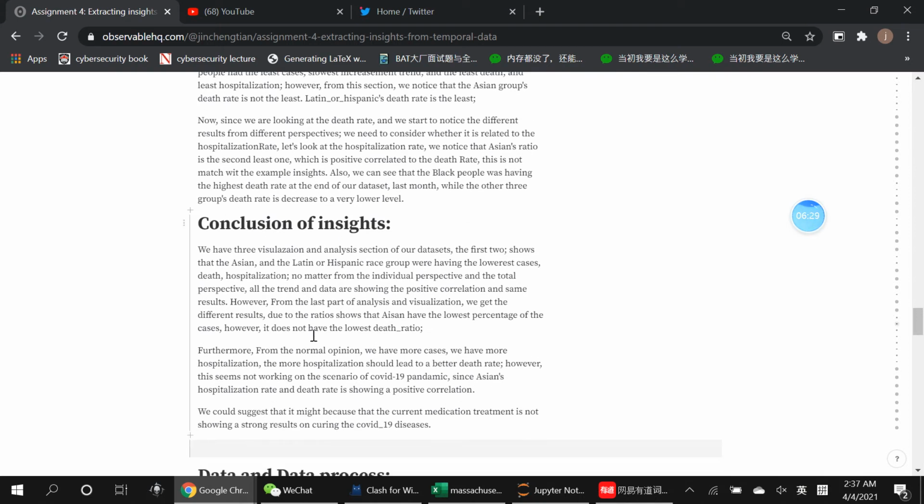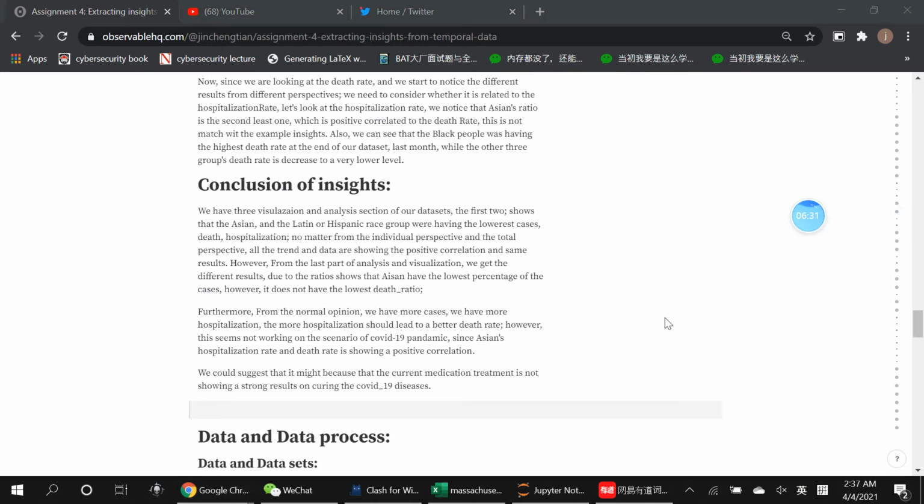So we conclude that from the normal opinion, we would say that the higher the hospitalization rate is, the lower the death rate is going to be.